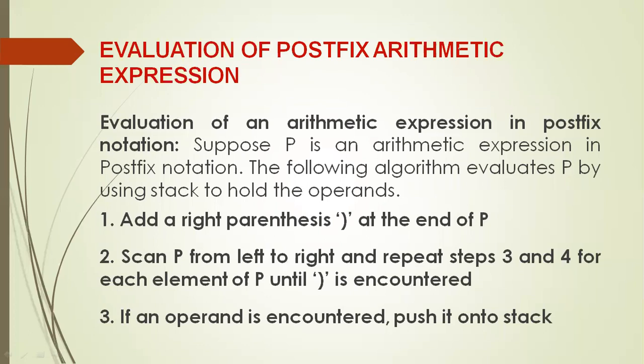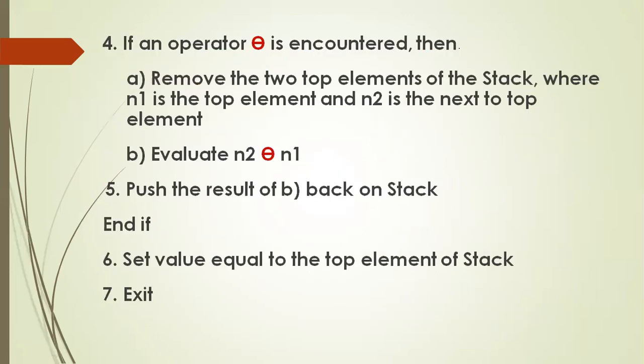In any arithmetic expression there are only 2 possibilities: an operand can come, or an operator can come. Especially in postfix notation, no bracket will be there, only operands and operators. If an operand is encountered, you simply push it onto the stack. If an operator comes, it could be any operator, and you apply the pop operation twice.